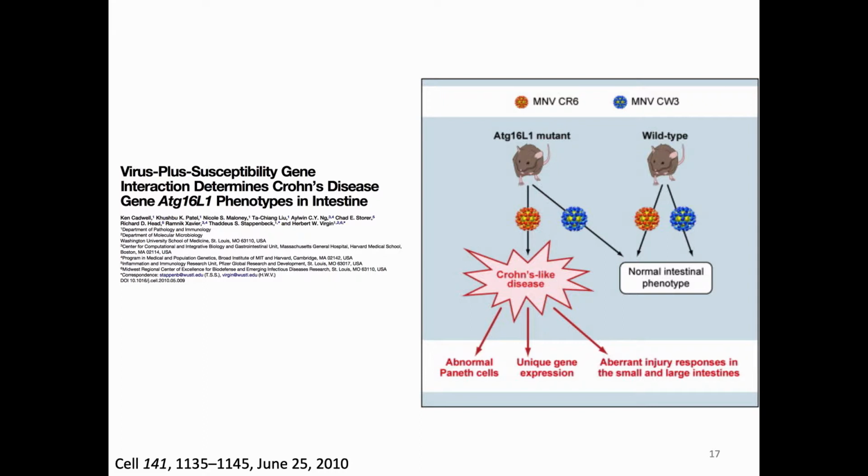If that mouse happens to also get infected with a specific strain of a virus, so here you can imagine the red strain instead of the blue strain, or CR6 instead of CW3, the mouse will end up with Crohn's disease. A wild-type mouse infected with this will be just fine, but if we deviate the response that this mouse makes to this virus, suddenly the mouse is going to be making a pathologic response.